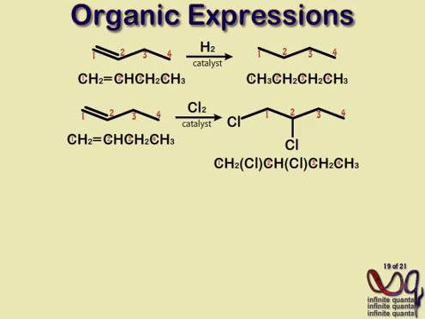Basically the double bond sort of splits in half, opens up around both carbons. You're going to end up with this. So let's number these carbons here. There's our butane again, but now you're going to have a chlorine on position 2 and another chlorine on position 1.